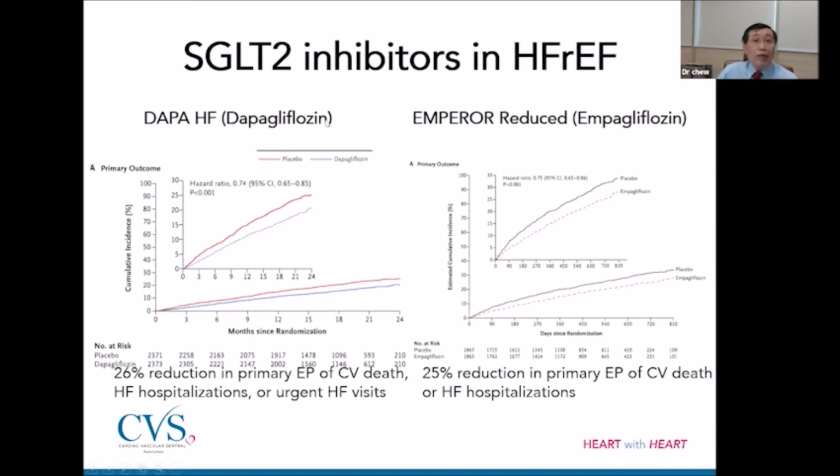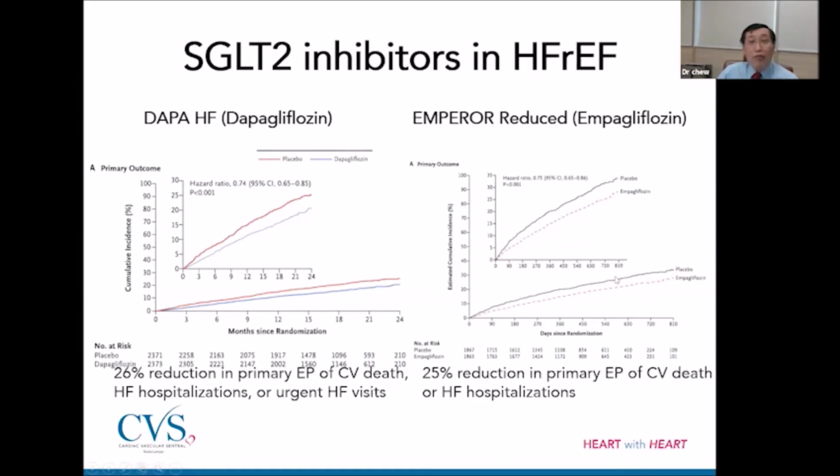In patients with heart failure with reduced ejection fraction, half of whom were diabetic and half were not, there was a 26% reduction in the primary outcome of CV death, heart failure hospitalizations, or urgent heart failure visits. This was repeated in another trial, EMPEROR-Reduced, using empagliflozin, where there was also a 25% reduction in the primary endpoint of cardiovascular death or heart failure hospitalizations.